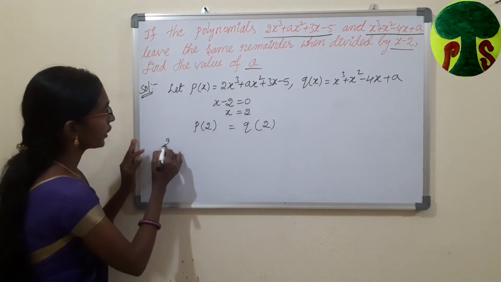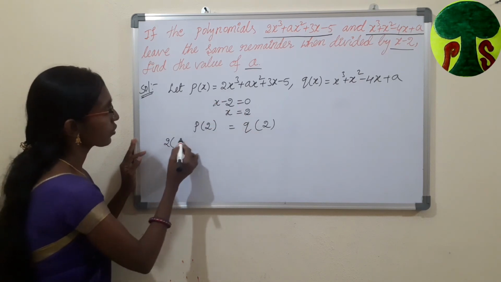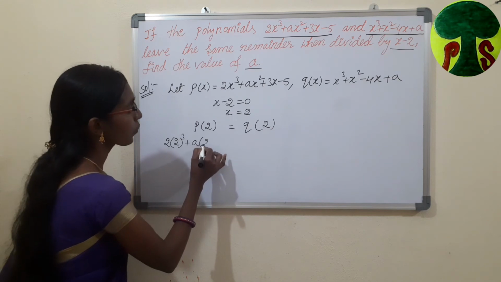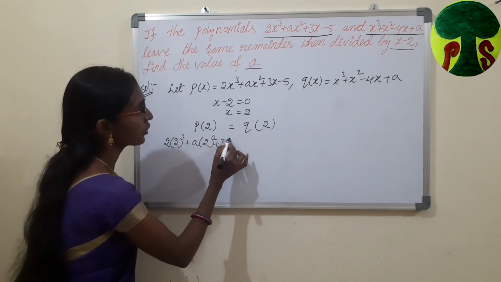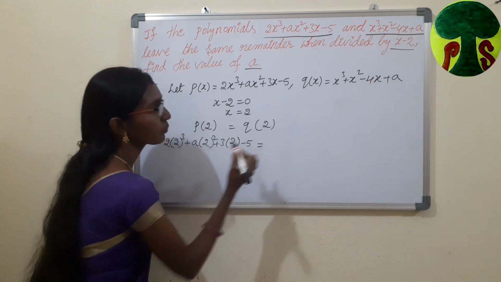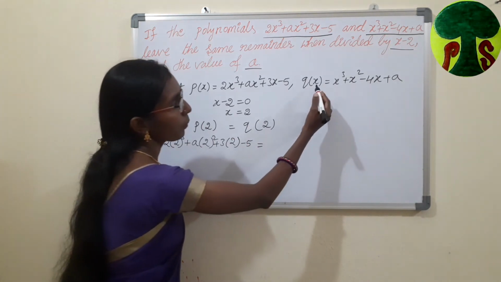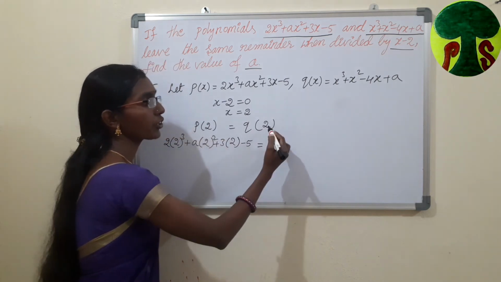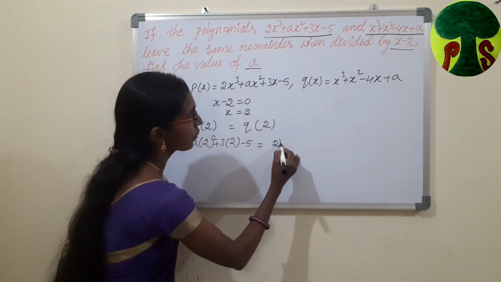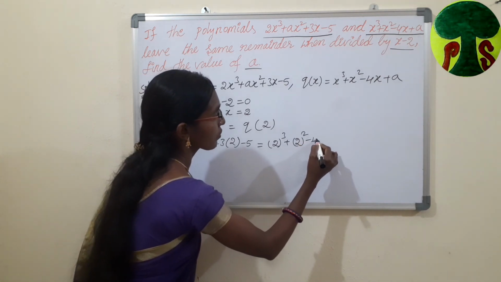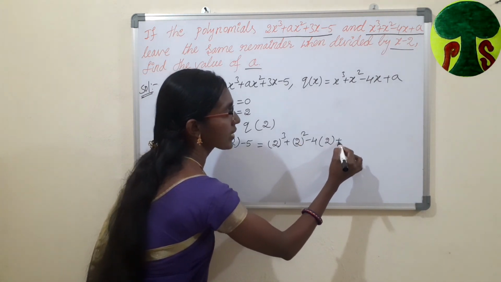Now, 2 into 2 cube plus a into 2 square plus 3 into 2 minus 5, which is equal to. In Q polynomial also, we have to replace x by 2. So that is 2 cube plus 2 square minus 4 into 2 plus a.